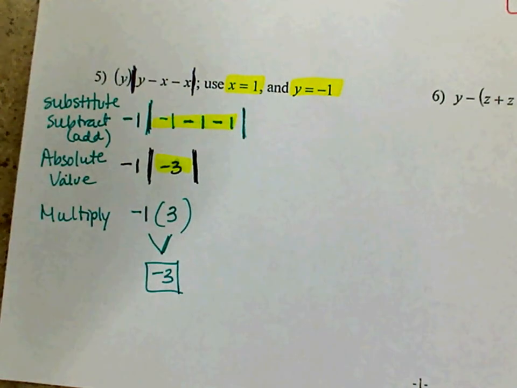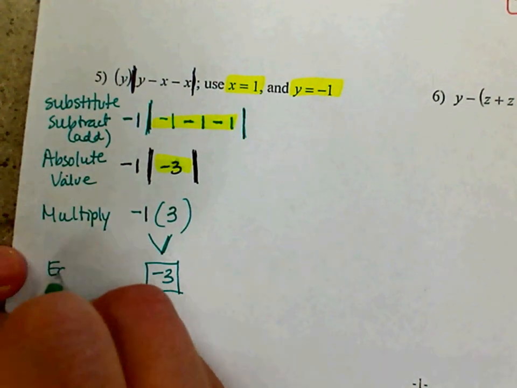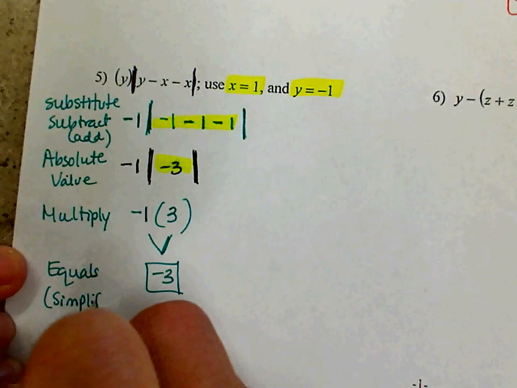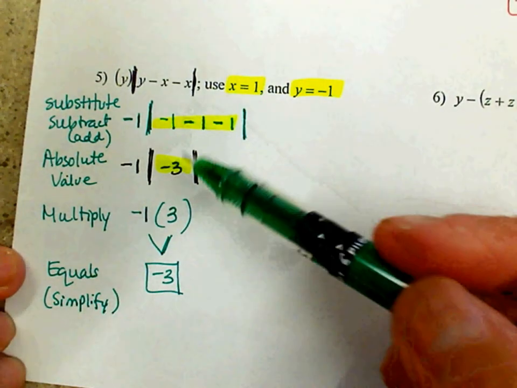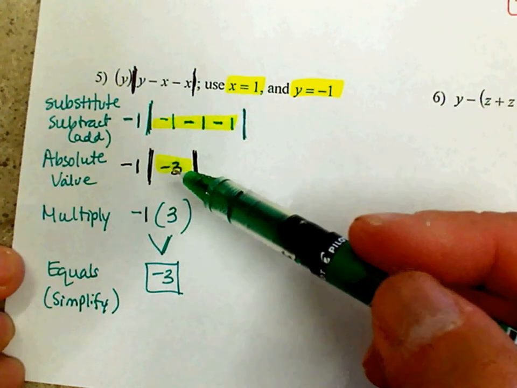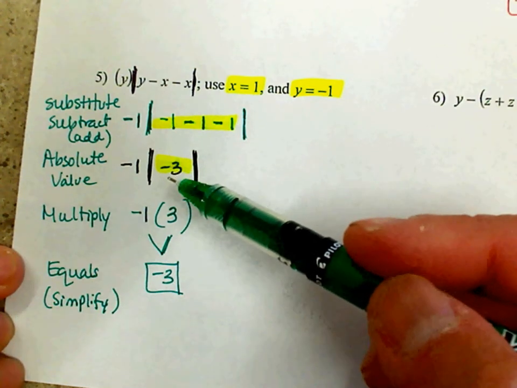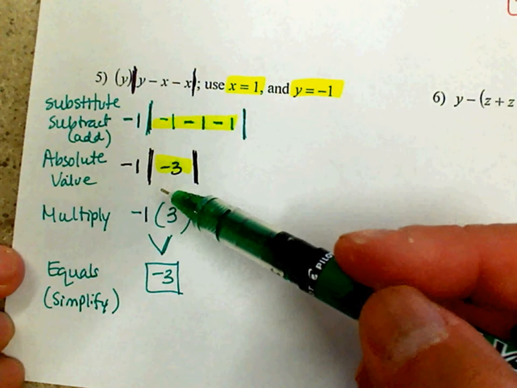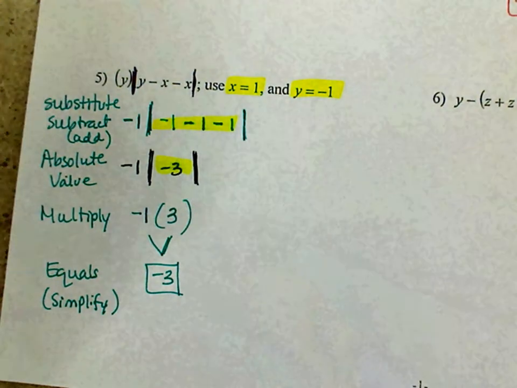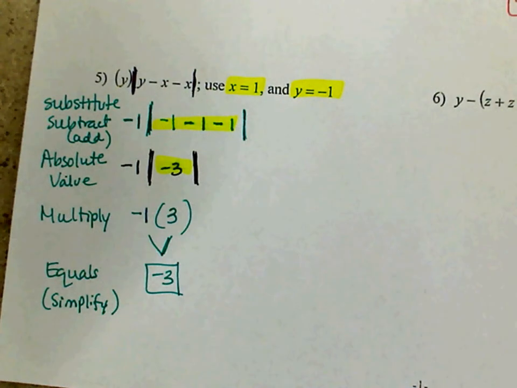You can say equal or you can say simplify. This here makes it a positive number. Whatever is inside it, if it's positive, it stays positive. If it's negative, it stays positive. Whatever it is, you make it positive. That's all absolute value is.